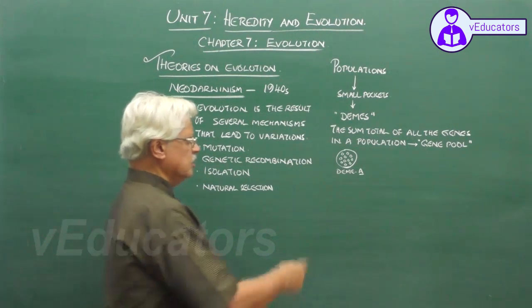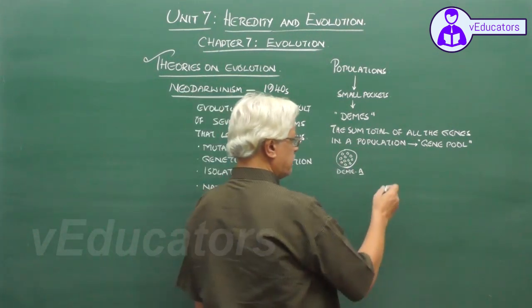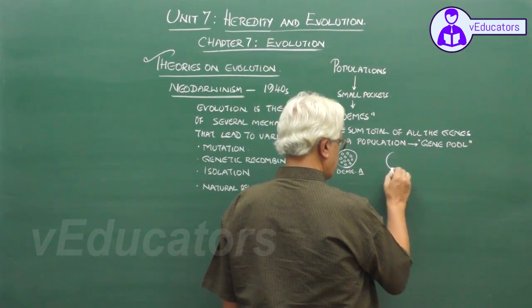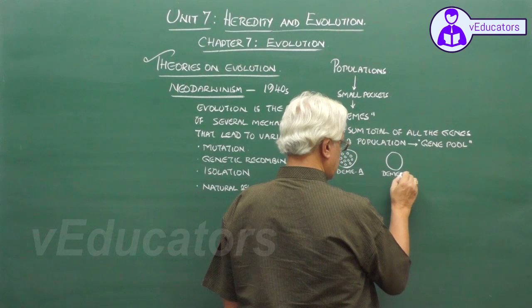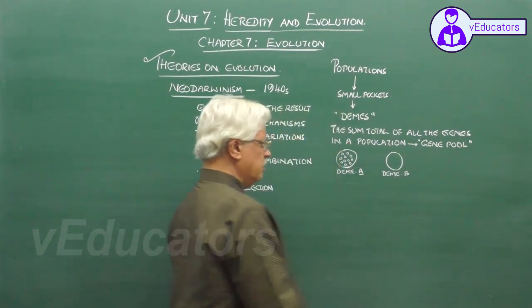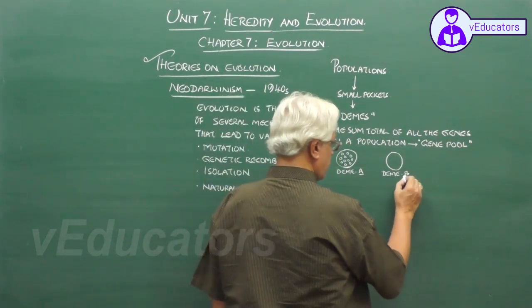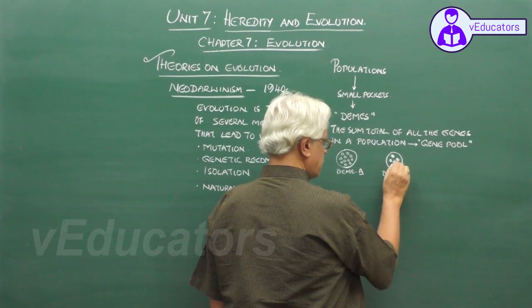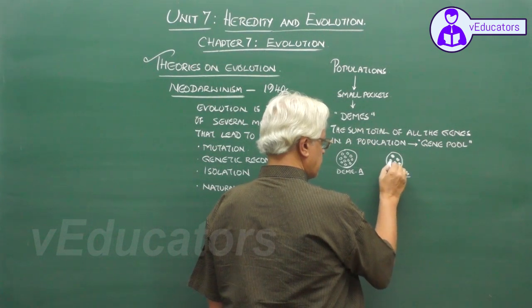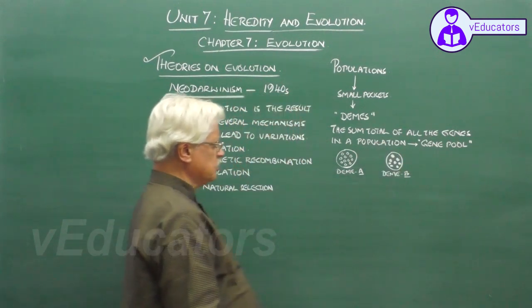So this is the gene pool of deme A. There is another deme, deme B. It has its own gene pool.